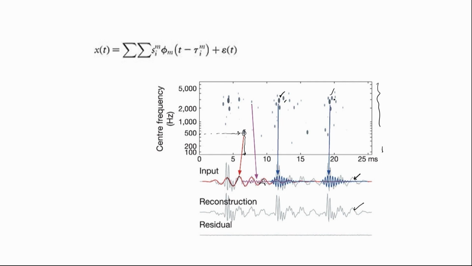And so, you can now imagine that by adding the presence of each of these acoustic features in different amounts throughout the sound duration, which is only 25 milliseconds, we can get a reconstruction like the gray line below, and the difference between them is the residual shown at the bottom trace. So, they have minimized the residual and obtained the sizes of SIMs for each of the kernels, and that is represented in this particular plot, which is called the spikegram.